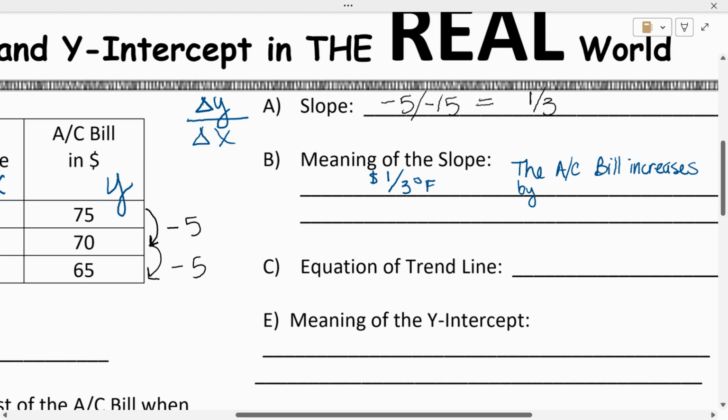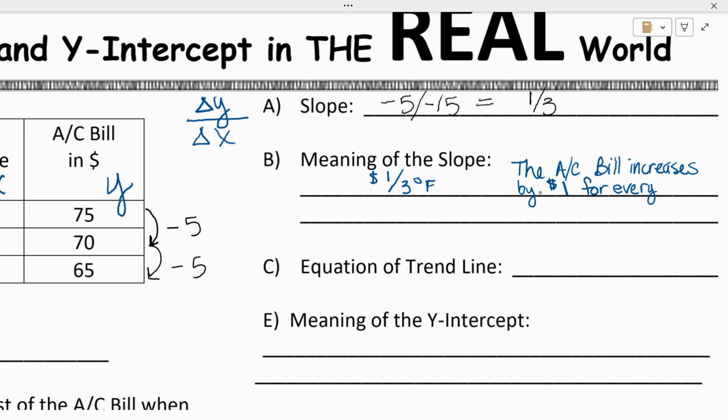It increases by $1 for what? What's happening on the x-axis? Every time the temp goes down by a degree, well, not every. What's the number in the bottom of the fraction? What's the number that represents the x, the temperature?